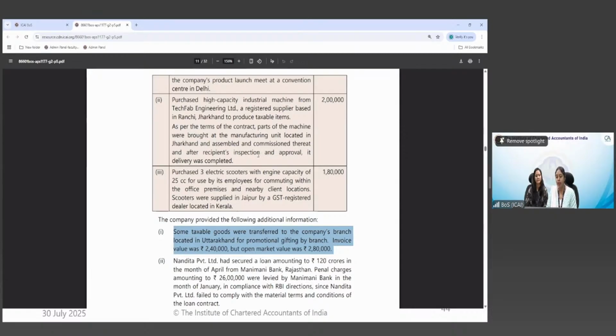And after recipient's inspection, जब नंदिता प्राइवेट लिमिटेड ने इंस्पेक्ट और अप्रूव कर दिया, तब हमने डिलीवरी को कंप्लीट माना. So this particular supply does not involve movement of goods.